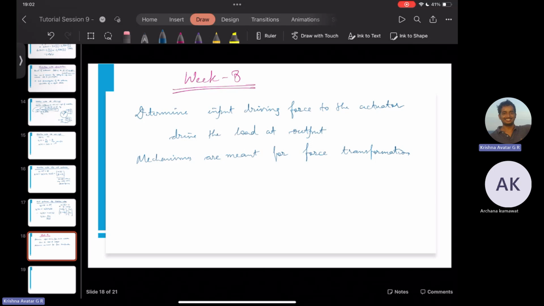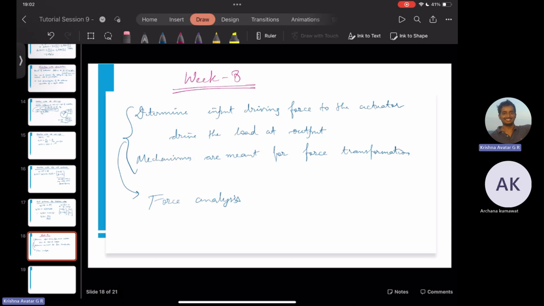This falls under force analysis. It helps us estimate the amount of load we would need to input to do a certain task, right? That is the whole purpose of the force analysis problem.